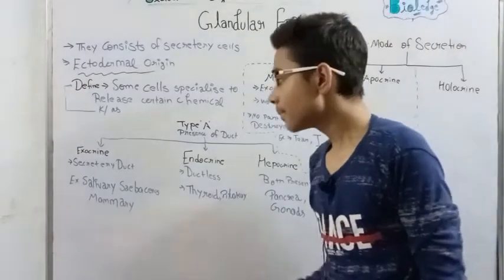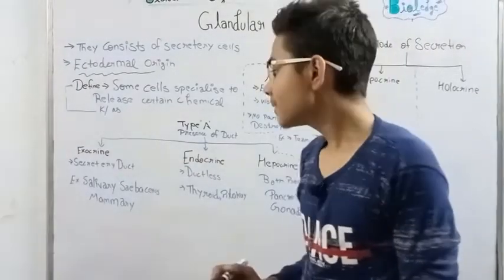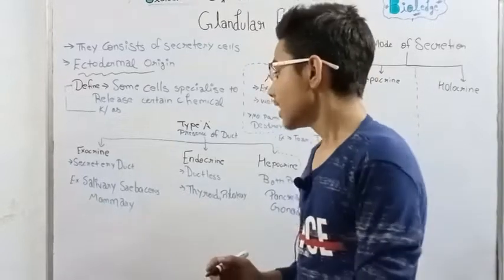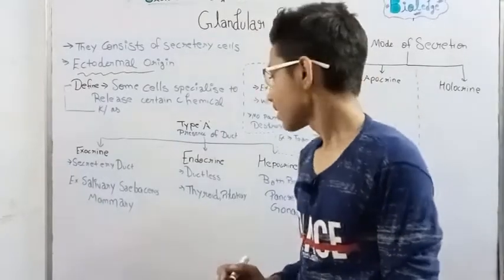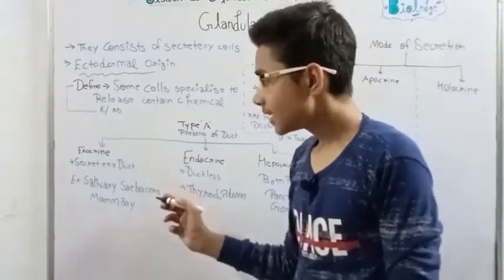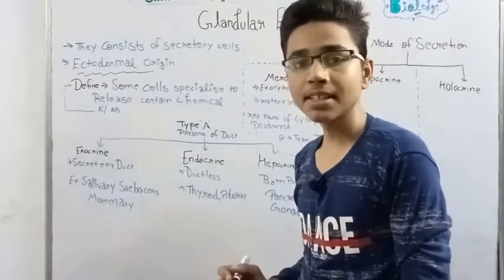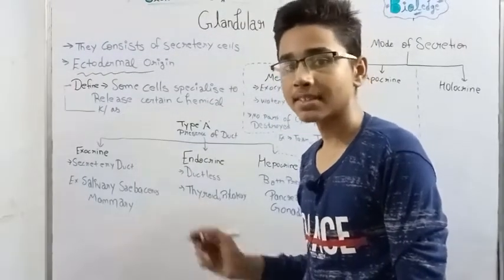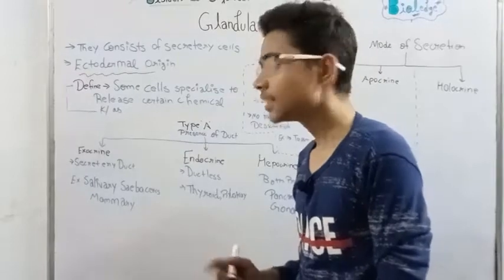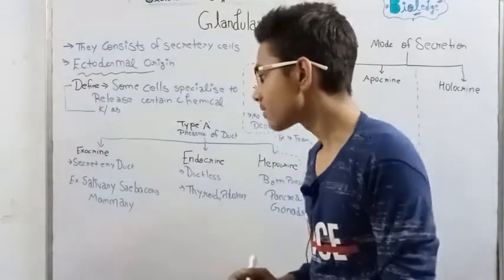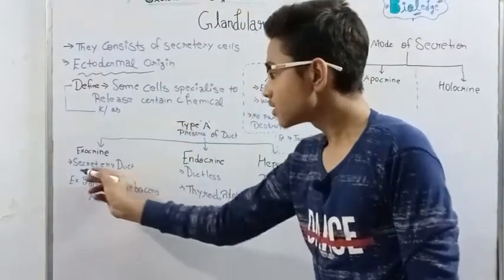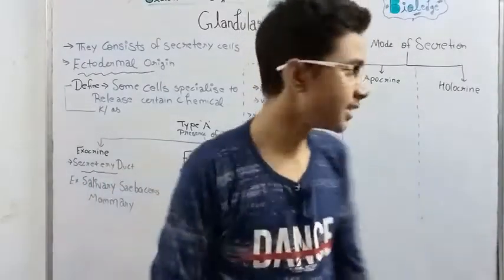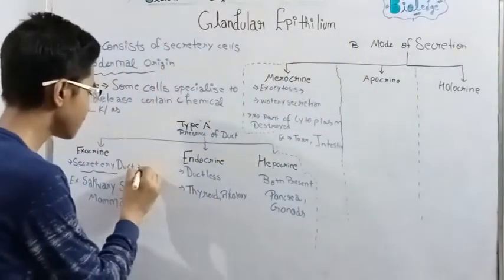First we have the exocrine. As the name suggests, a secretory duct is present. They are found mainly in the salivary glands and the sebaceous glands. They are also found in the mammary glands. So let's write here, secretory duct is present.